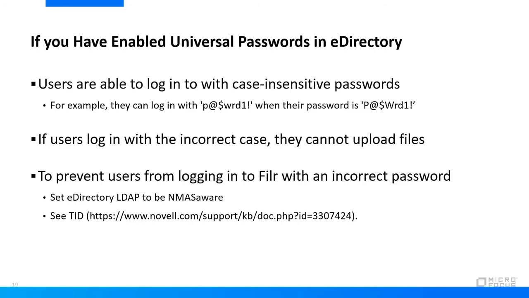For instance, they won't be able to upload files. So if you want to prevent users from logging into Filr with an incorrect, case-insensitive password, then you need to set eDirectory LDAP to be NMAS aware, and there's a TID that takes you through it. But if you haven't got universal passwords enabled, then you don't need to worry about that, but it's just something to be aware of there.